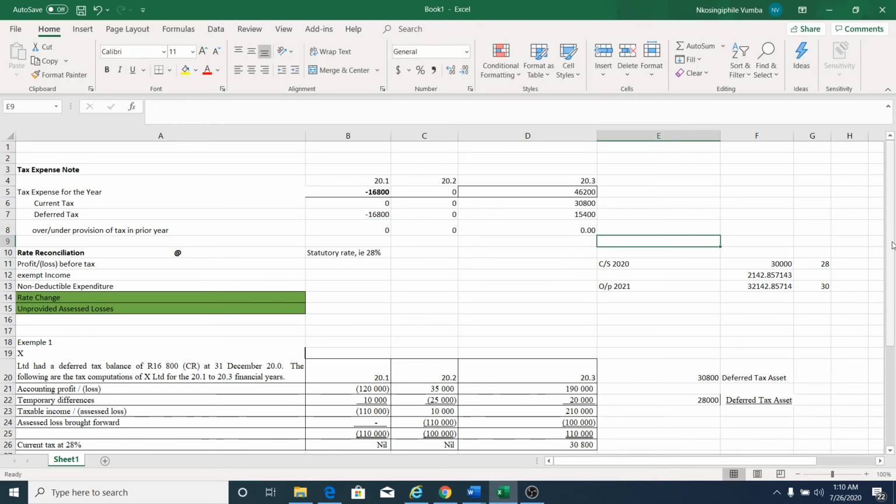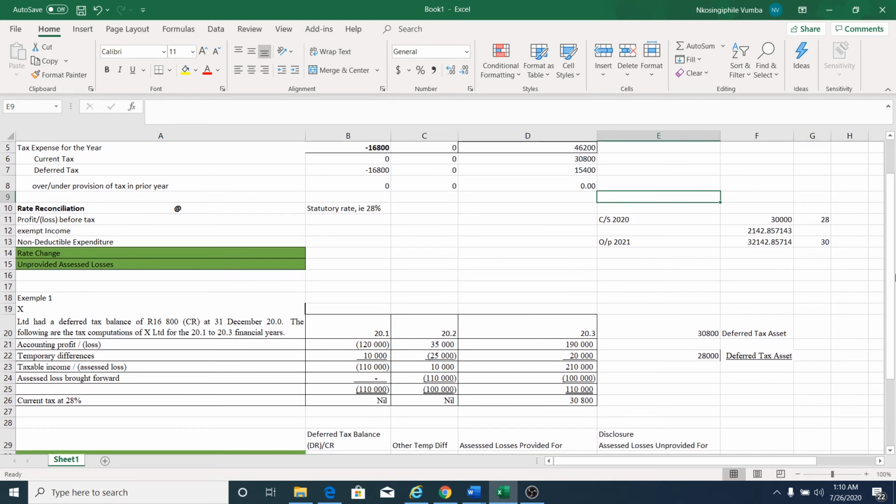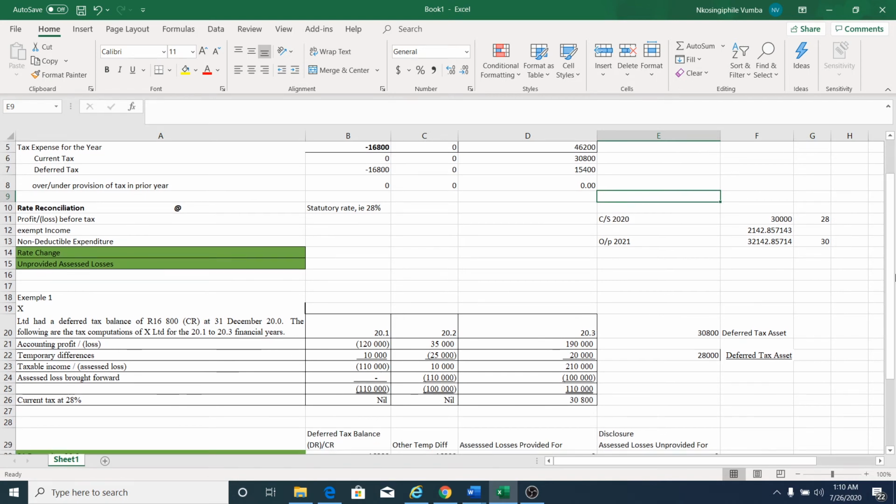Now let's move to the rate reconciliation, which is our last thing for IAS 12. Obviously, profit before tax, which is accounting profit before tax, is 120,000. We need to multiply that by 28%, times 120,000 rand. Then we have 33,600. Just be careful.